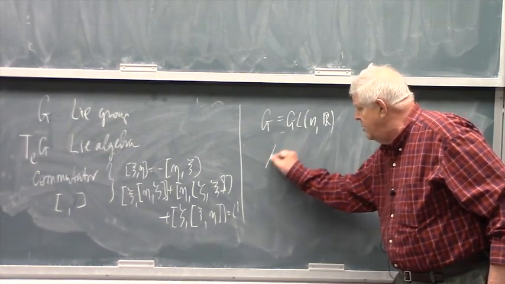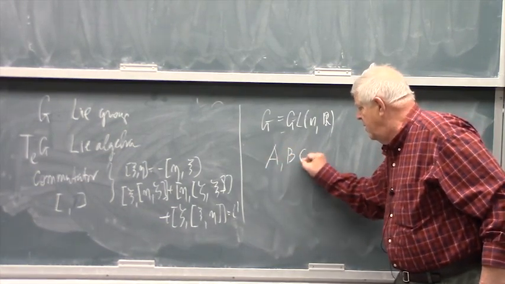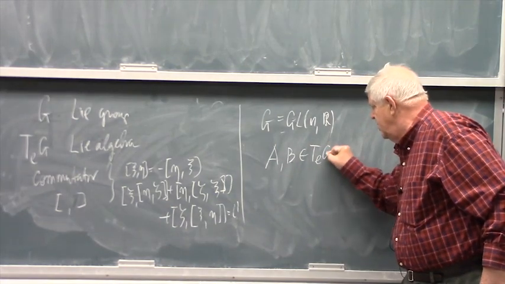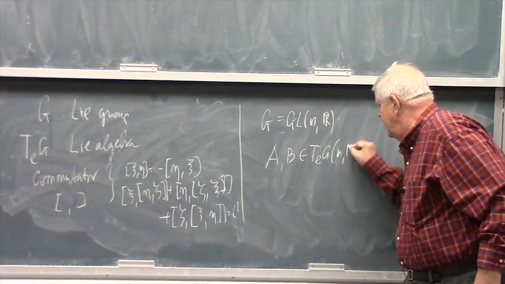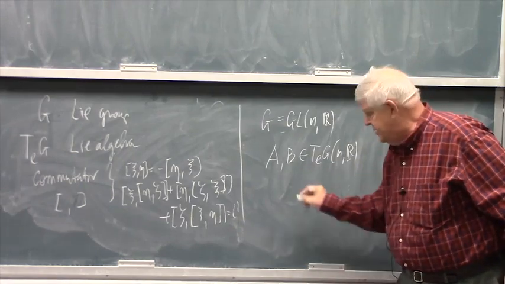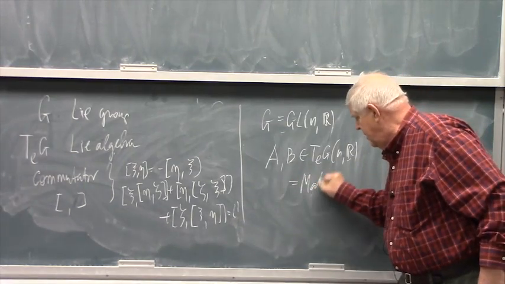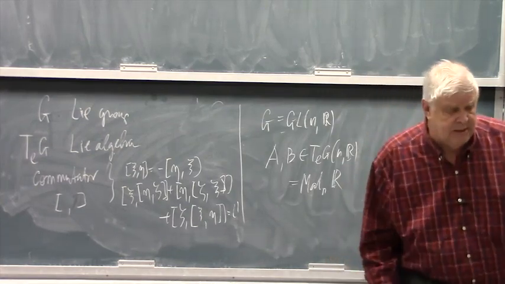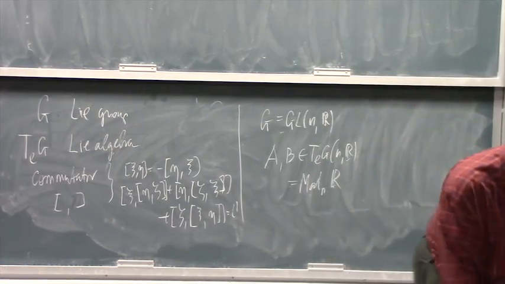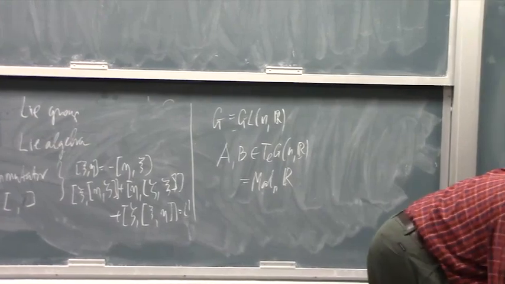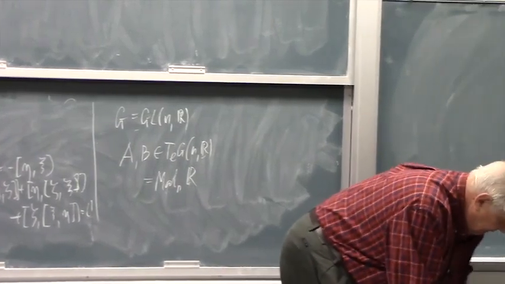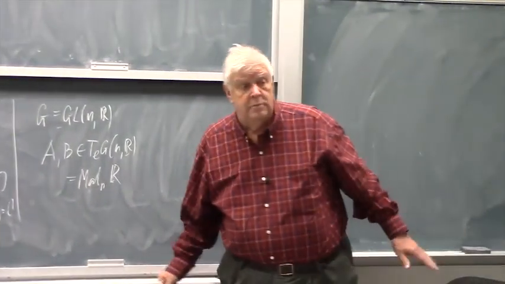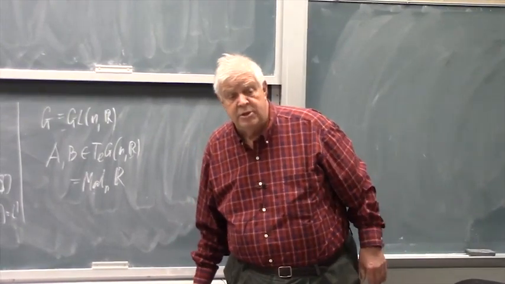I do not prefer to use these notations, because actually A and B are matrices. This is the same as the space of all n cross n matrices, absolutely all, degenerate and non-degenerate.